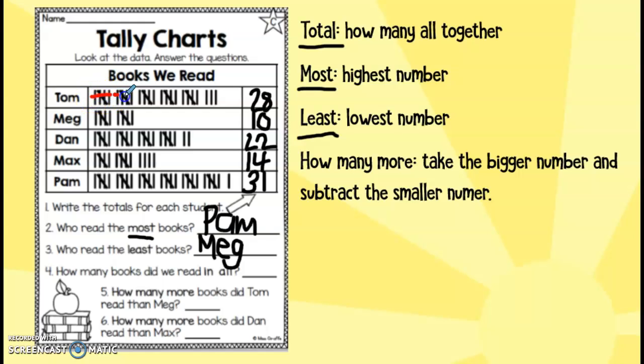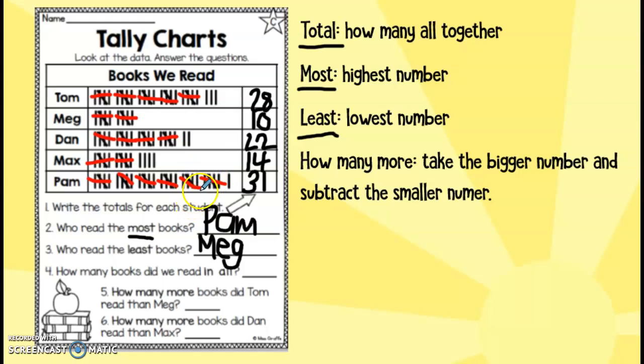I did 5, 10, 15, 20, 25. I'm going to save this for later. 30, 35, 40, 45, 50, 55. Save those for later. 60, 65, saving those, 70, 75, 80, 85, 90, 95.